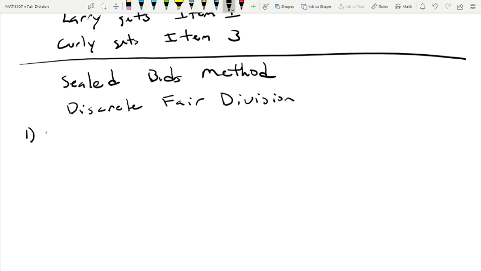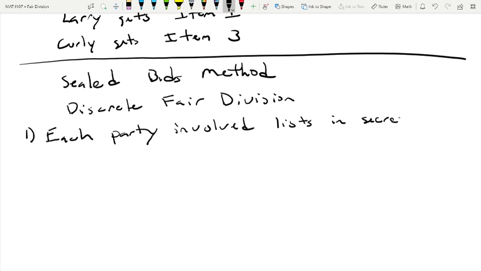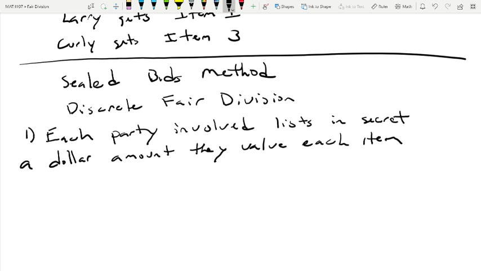Step 1, each party lists in secret a dollar amount they value each item to be worth. This is their sealed bid.